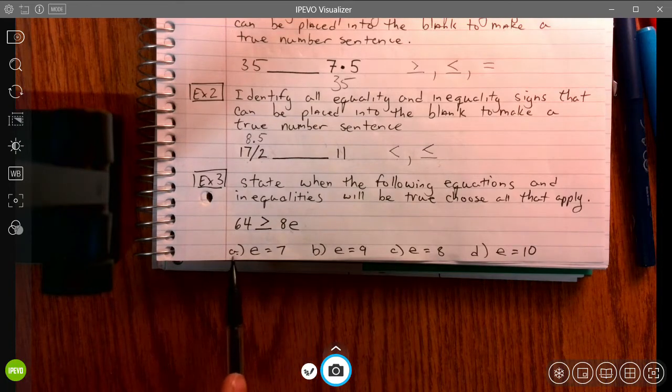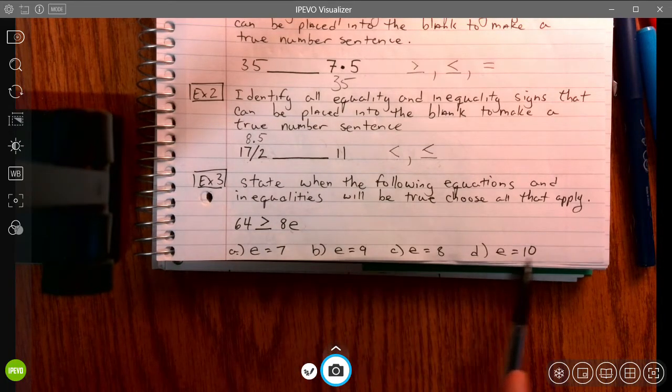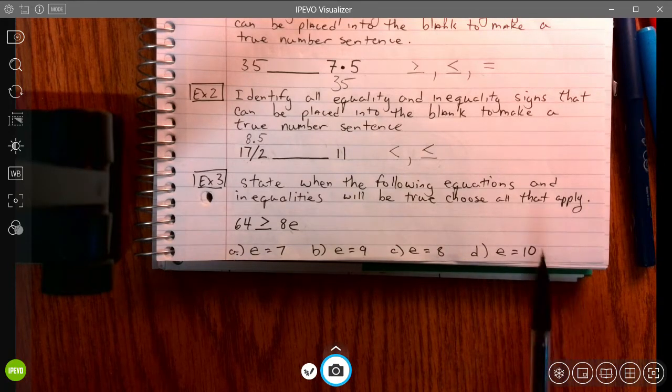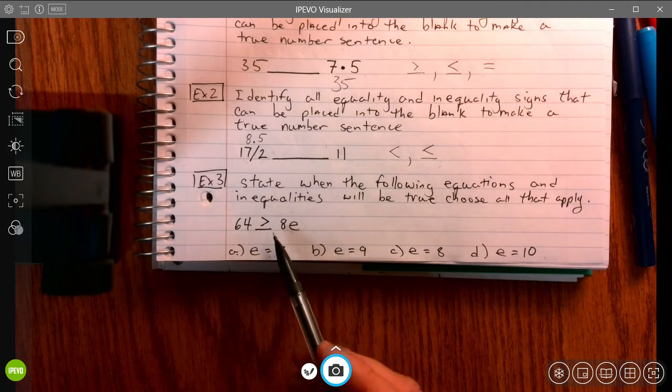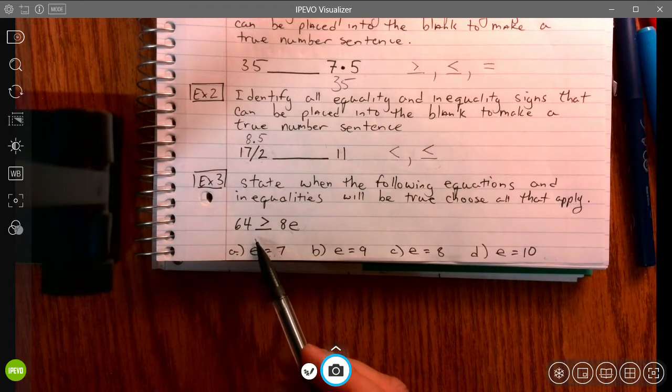At the bottom, I have a number of choices. A, e equals 7, B, e equals 9, C, e equals 8, and D, e equals 10. What I need to do is plug in these values for the variable e and see which ones will create a true number sentence.